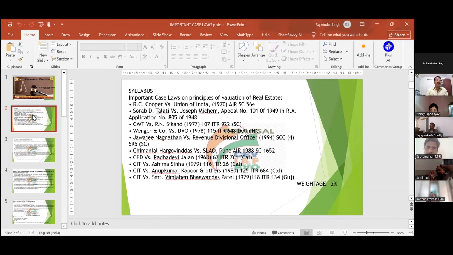Or the name of the case will be given, and you have to provide the details which are given in this case. So it is very easy. In the end, we will try to explain how you have to remember these case laws. We will try to learn these things also.